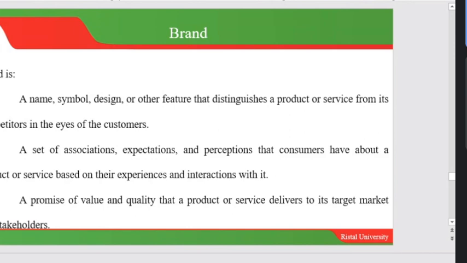Or it is a set of associations, expectations, and perception that consumers have about a product or service based on their experiences and interactions with it. Or it can be defined as a promise of value and quality that a product or service delivers to its target market and stakeholders.